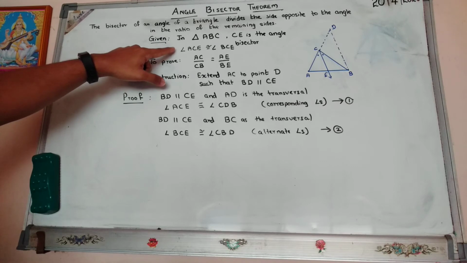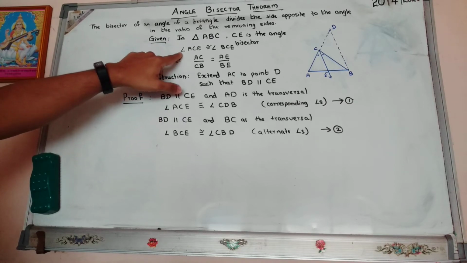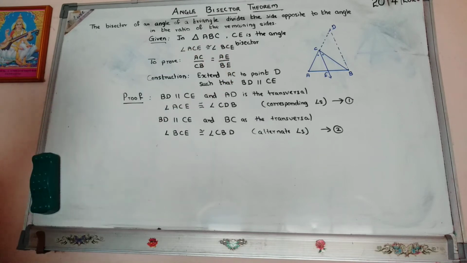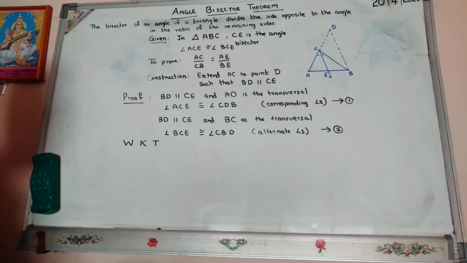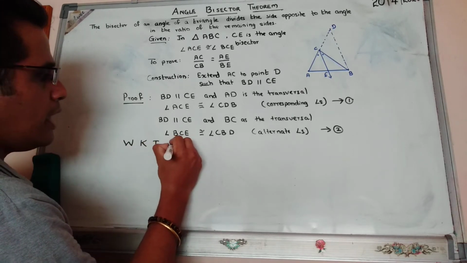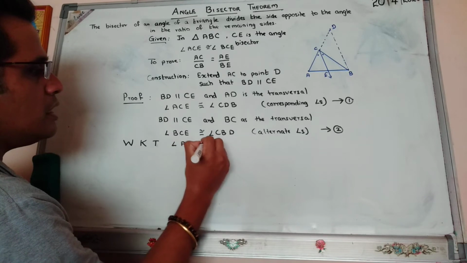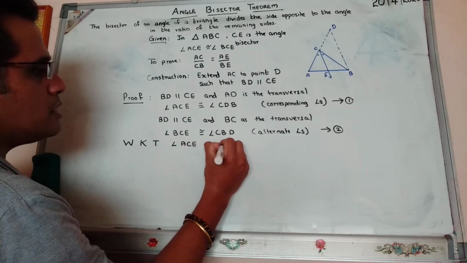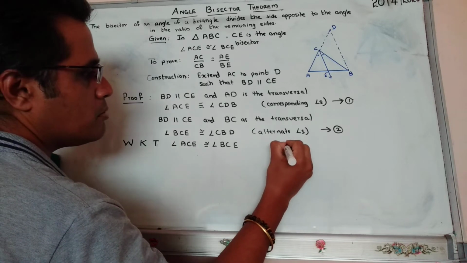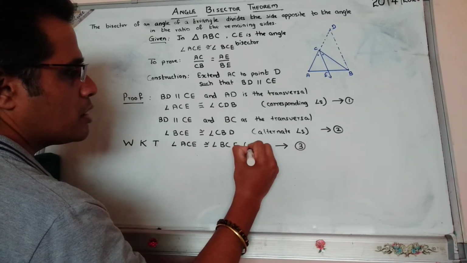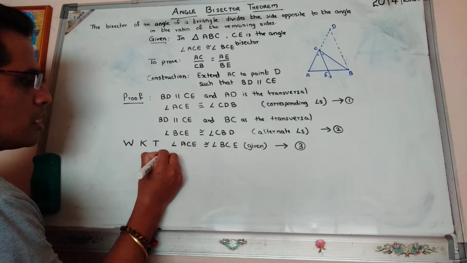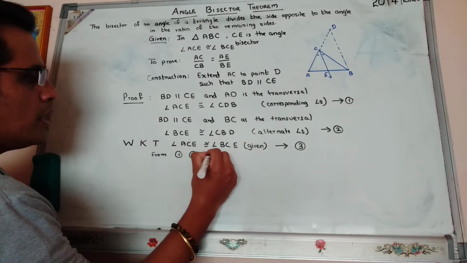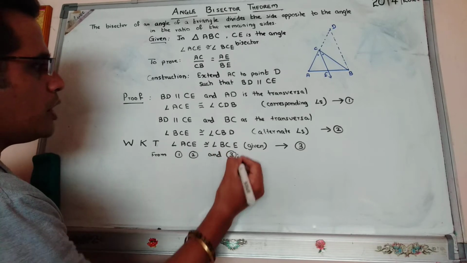Now already in the question, what I have got in the given part is ACE congruent to BCE. We know that angle ACE is congruent to angle BCE. This is my equation number 3, given part. So from 1, 2 and 3, what do I get?